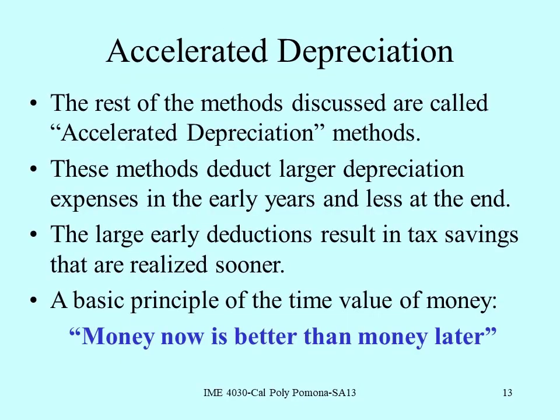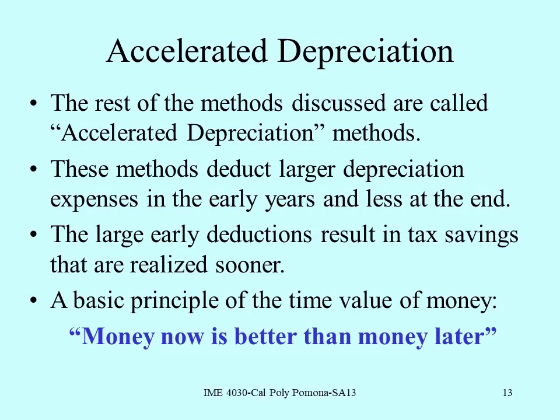Slide number 13, we're talking here about accelerated depreciation methods. Those are the ones that are coming up from now on. In the accelerated depreciation, we deduct more of the depreciation at the beginning of the depreciable life and less at the end. We're still only deducting about the same total amount, but we're doing more at the beginning.